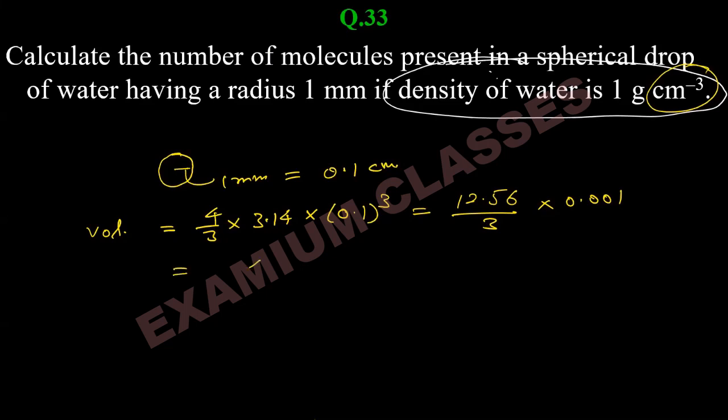So 4, and then approximately 8. It will be 4 point something, then 0.00, because you need to multiply by this one, centimeter cube. It means these many grams, because mass will be density into volume, and density is 1, so same.